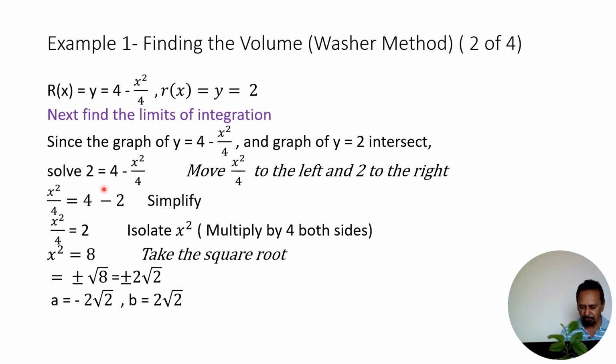So this becomes 2 equals 4 minus x squared over 4. We can move x squared over 4 to the left side and 2 to the right side, and this becomes x squared over 4 equals 4 minus 2, which is 2.